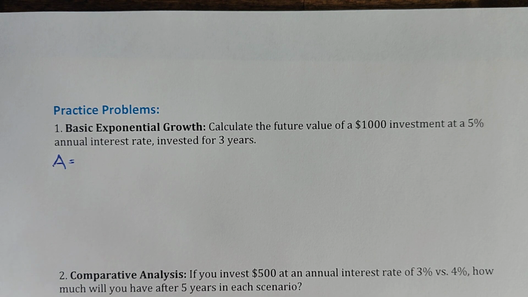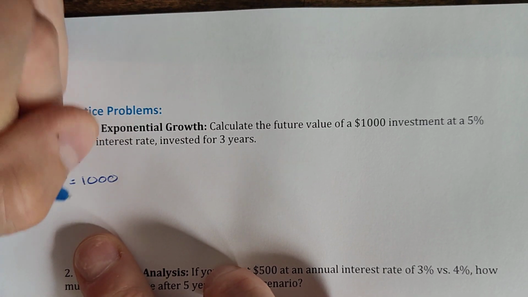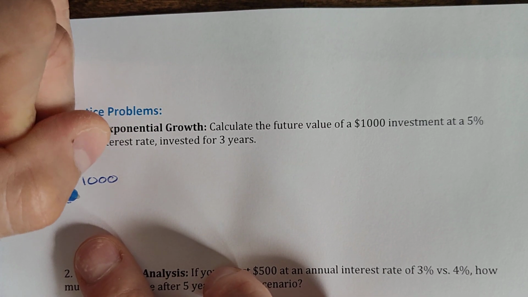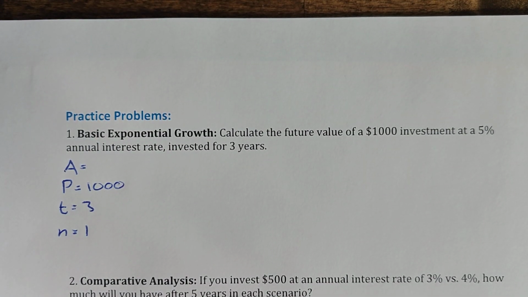Each of these questions, by the way, is just at an annual interest rate, so annual compounding. We're not going to use any of the various n's, so our n is always going to be 1. So we're looking for A. P in this case is 1,000. t is 3. And n is 1.